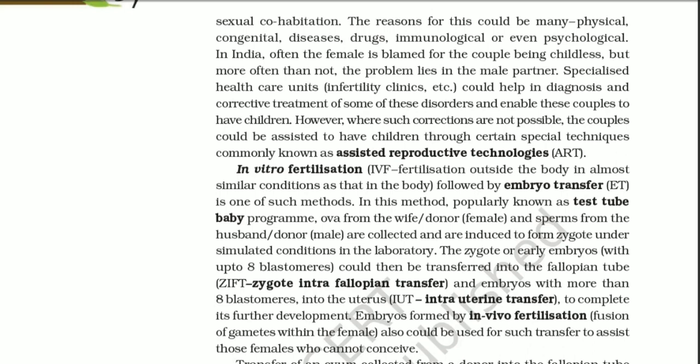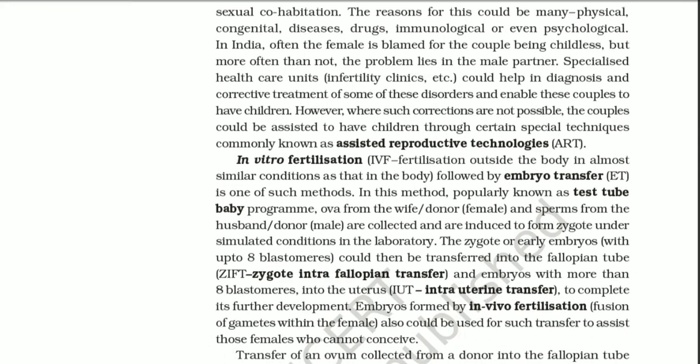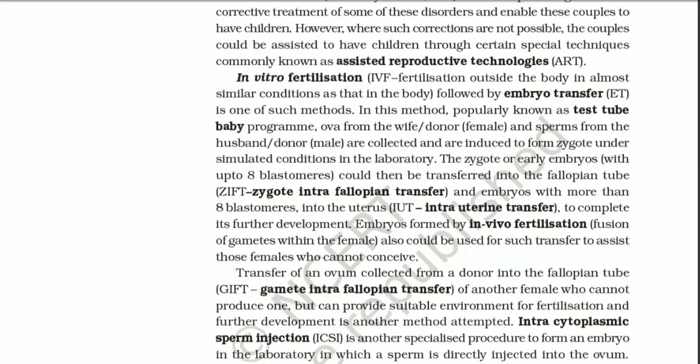In this method, popularly known as the test tube baby program, ova from the wife or donor and sperms from the husband or donor are collected and are induced to form zygote under stimulated conditions in the laboratory. The zygote or early embryos, that is with up to 8 blastomeres, would then be transferred into the fallopian tube.